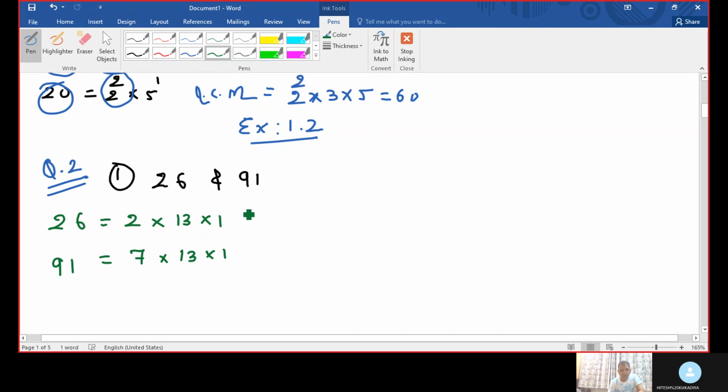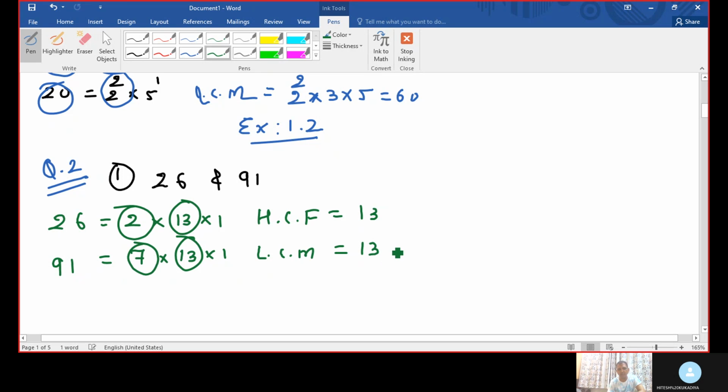Okay. Now we find HCF and LCM. HCF is what? The common factor 13. So HCF is only 13. Speak your table of 13: 13 2s are 26 and 13 7s are 91. Is that clear? Now LCM. Again, 13 is the common factor. Which numbers are remaining? 2 and 7.